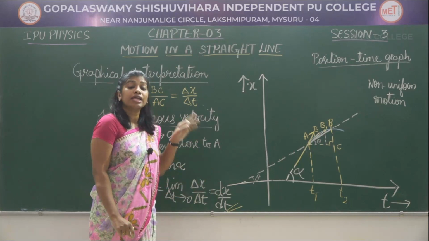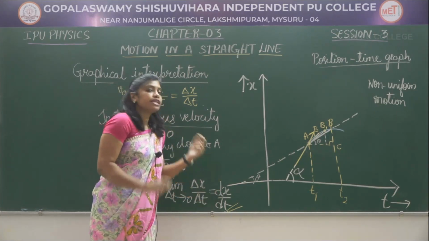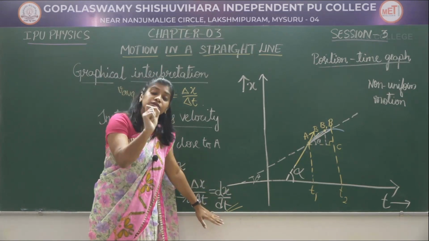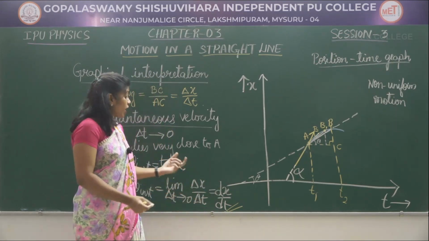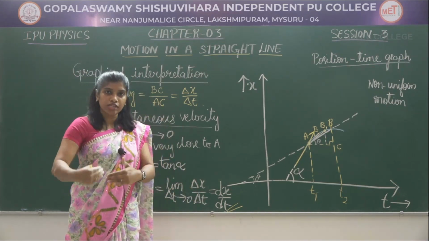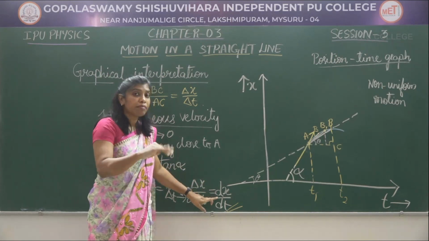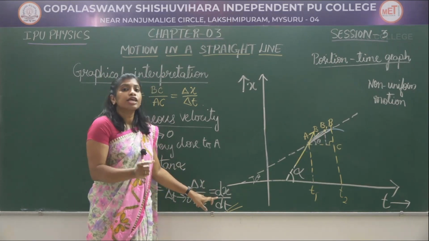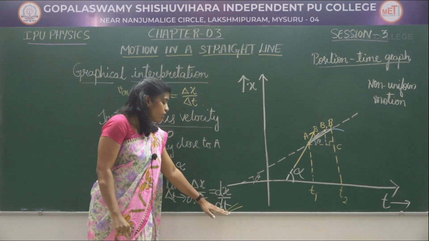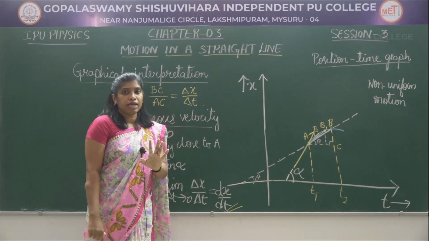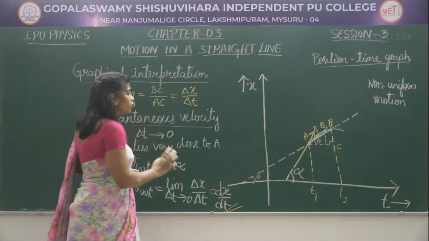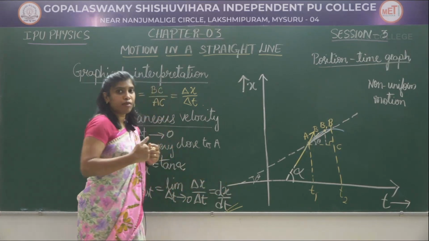That means d denotes a very small change in the y-axis to a very small change in the x-axis. So wherever I write delta, that just means a change in one axis to the change in the other. But when you replace delta by d, it means a very small change in the position axis to a very small change in the time axis. That is, for finding the instantaneous velocity, you write it as dx by dt.